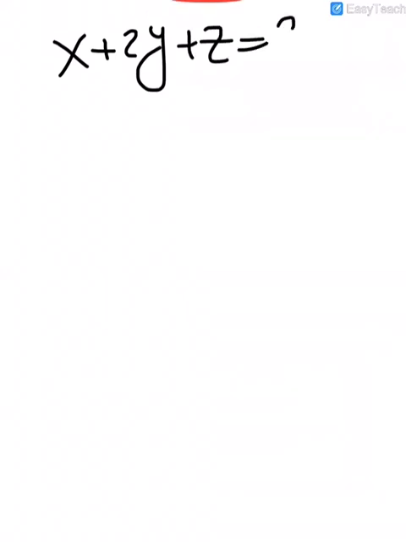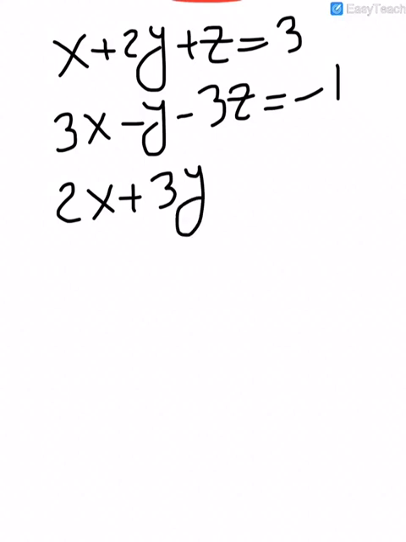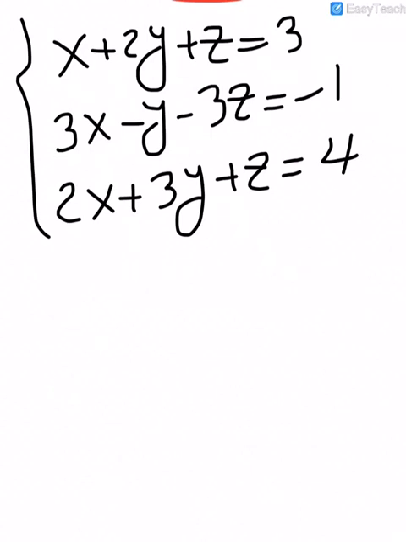Let's say we have an equation like x plus 2y plus z is equal to 3, 3x minus y minus 3z is equal to minus 1, and 2x plus 3y plus z is equal to 4. So it's the 3 by 3, three equations, three unknowns, right? How can we solve this one?